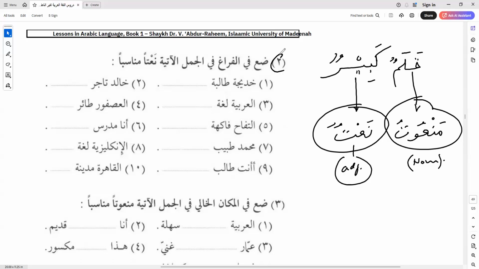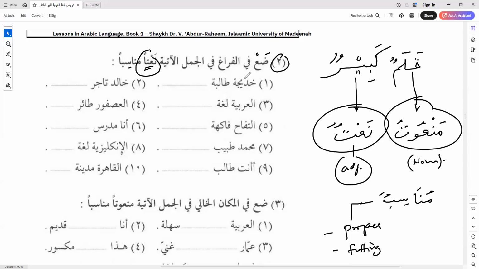So in this exercise assignment, ضع means put في الفراغ في الجمل الآتية نعتا مناسبا. That is, put in these blank spaces down here a fitting نعتا. The word مناسب means proper, something that is fitting.